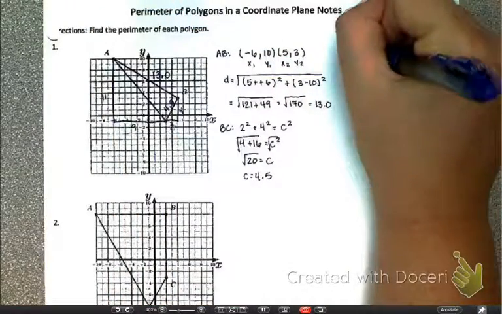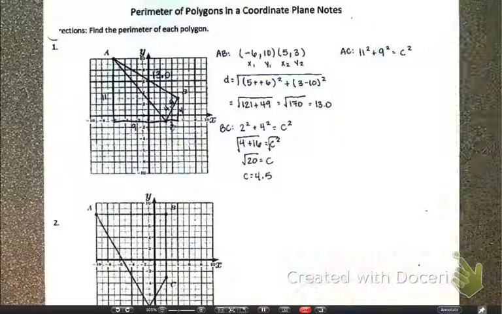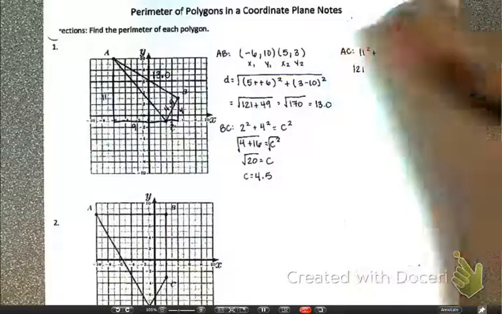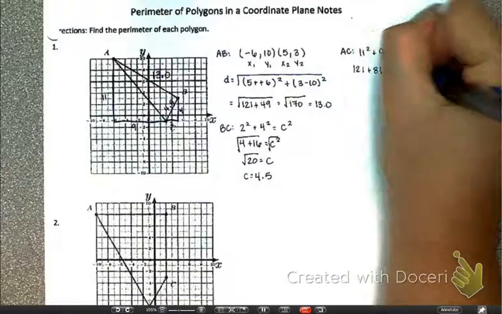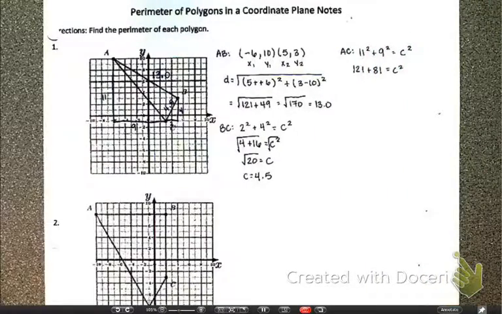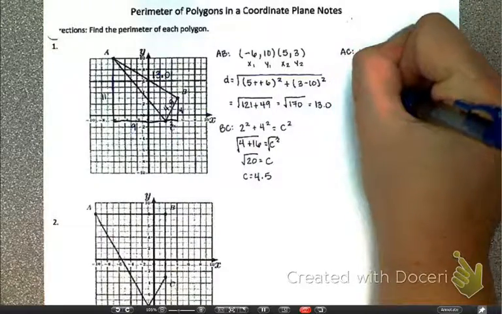So a squared plus b squared equals c squared. 11 squared? 9 squared? 81. And what's 121 plus 81? 202. So 202 equals c squared.